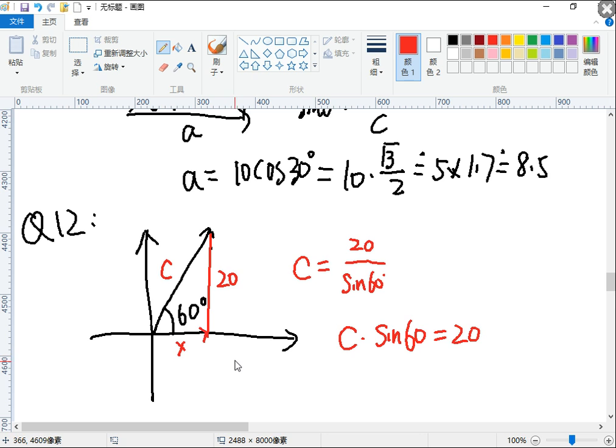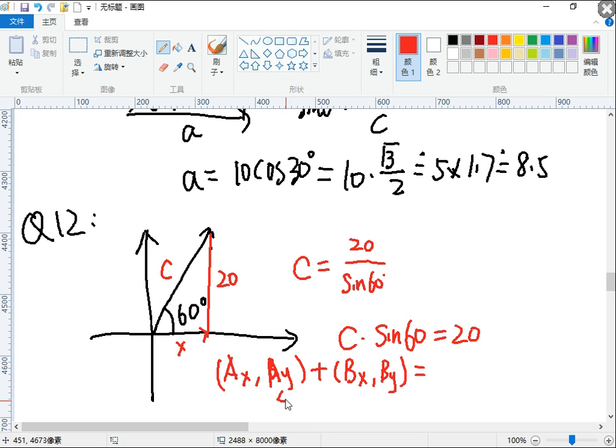Okay, if you are not sure with that, you can do that this way. For the first vector, you resolve it into x and y components, and for the second vector, you resolve again.